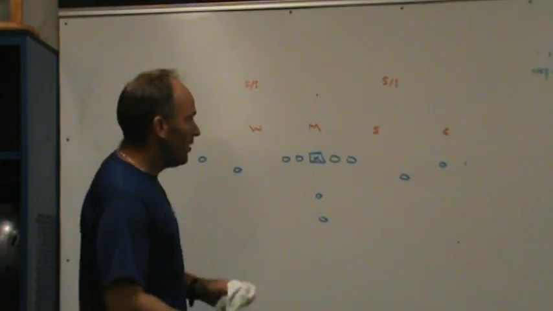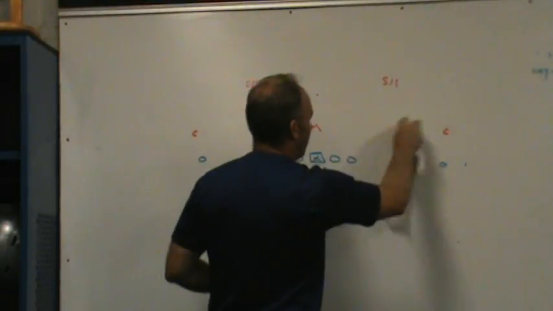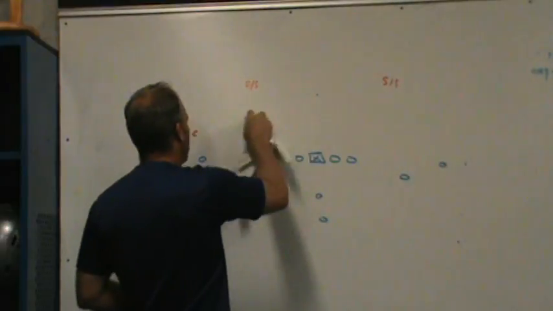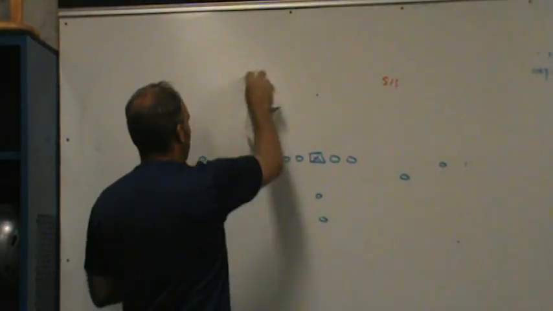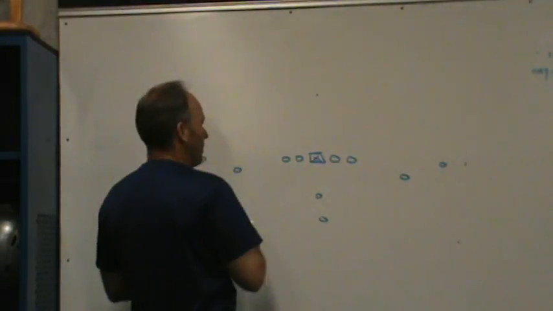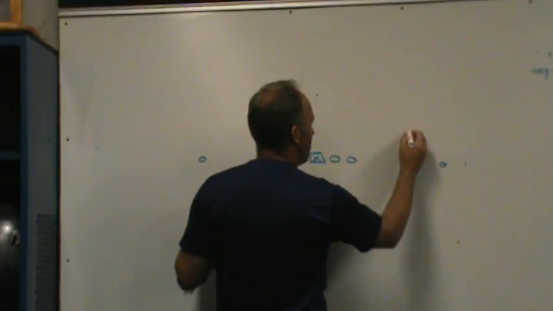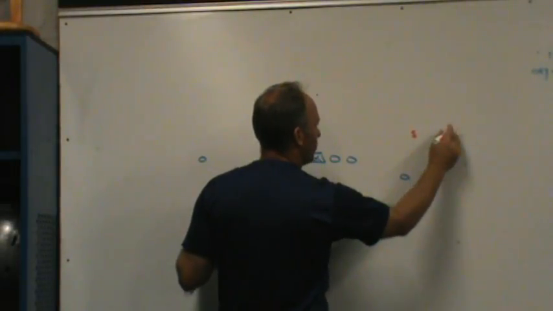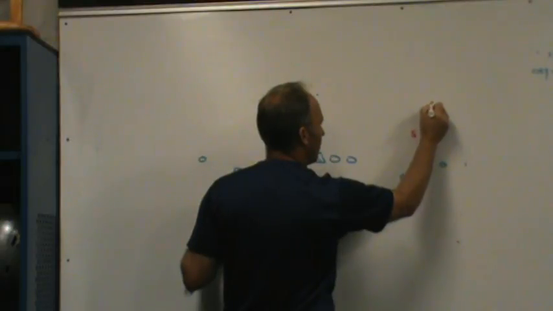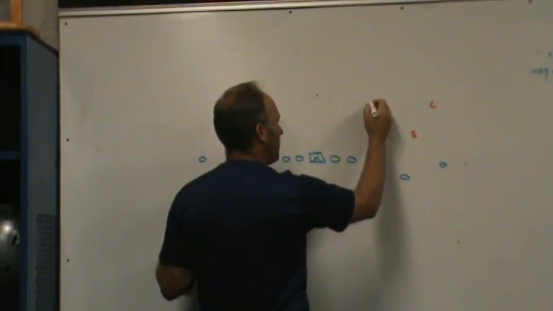Now, if for whatever reason you get the apex linebacker outside of 2 with the corner inside of 1, and now the safety may be further inside of number 2.